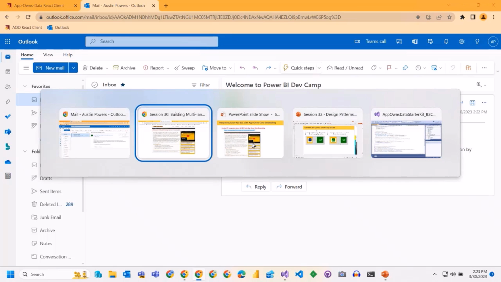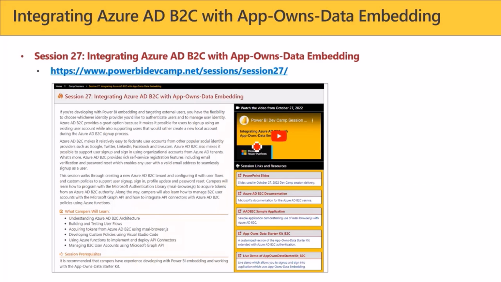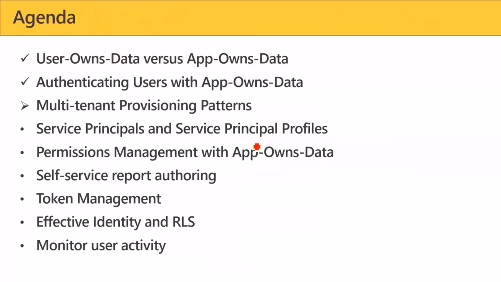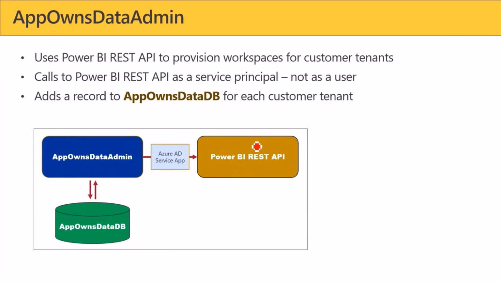Now, back here in the session, let's go through the multi-tenant provisioning patterns. So we have this app owns data admin program, and it's going to call into the Power BI REST API, and it's going to do things like create a workspace and upload a PBIX file.